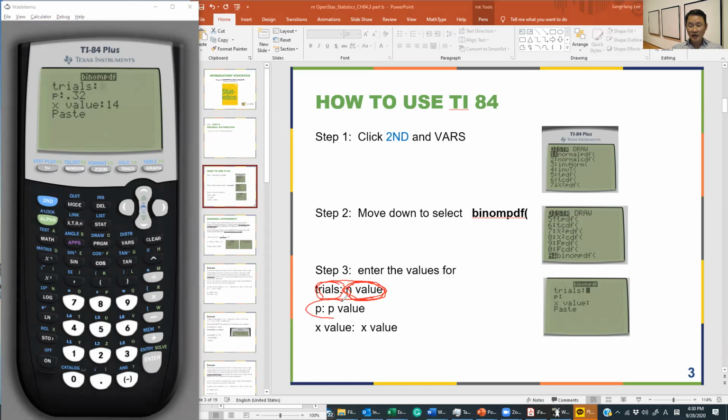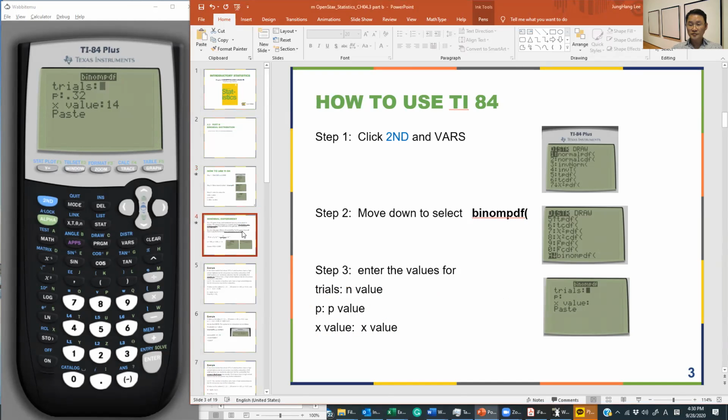And this p value is the probability of success. So this p value is the probability of a success case. And this x value is, out of n trials, x number of success cases. And that's what we want, right? Okay, let's go to the next page.